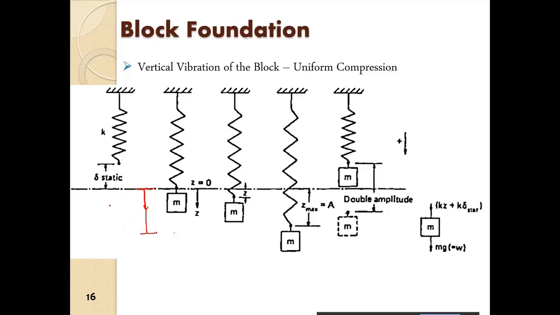So it increases in the downward direction, then it comes back to the 0 position, then it goes up, so this is again z max. So this is negative, we can say, and this is positive.